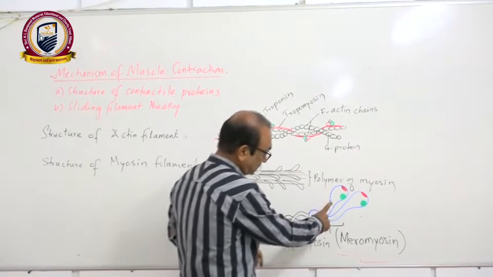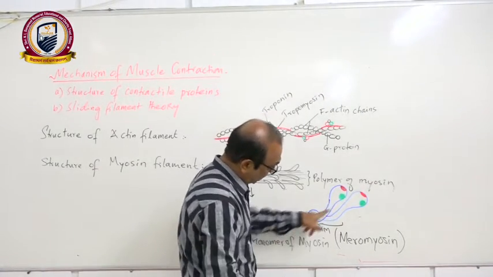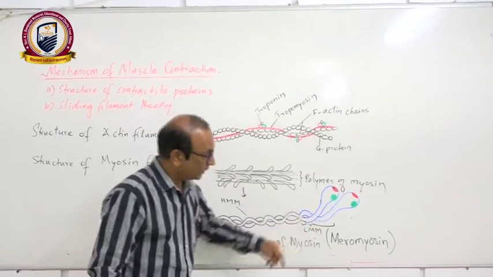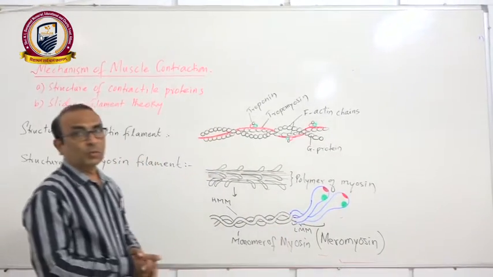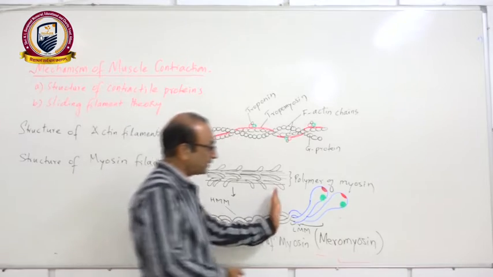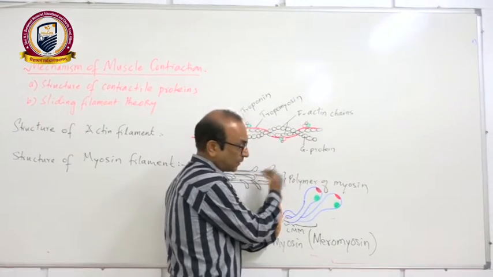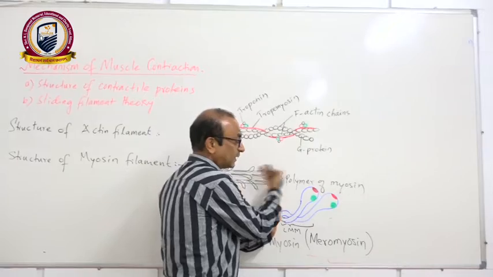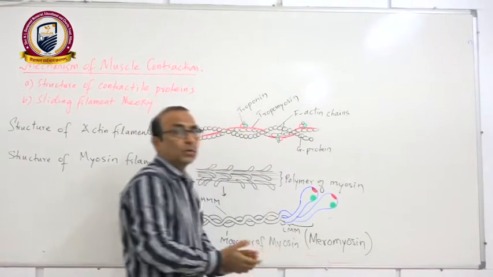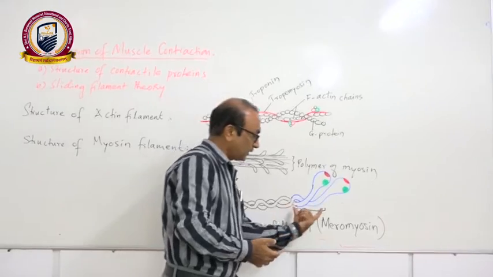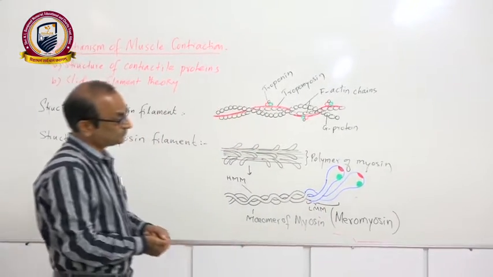The connecting, cross-linking chain, which I have drawn in blue color, is called light meromyosin. It is at this point that the molecule can show movements. These heads can bend inward and extend out. To regulate and facilitate those movements, there is a light meromyosin molecule.